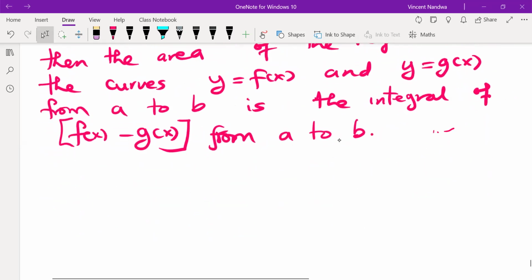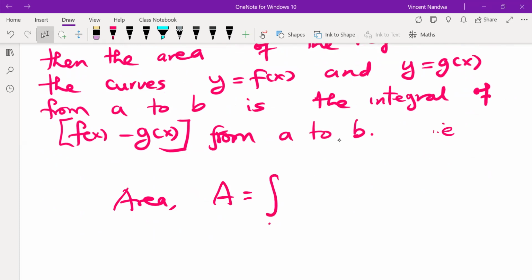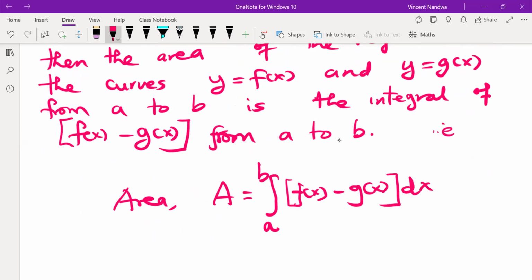This is to say the area A is the integral from a to b of f of x minus g of x dx.